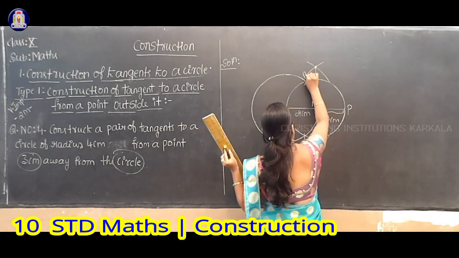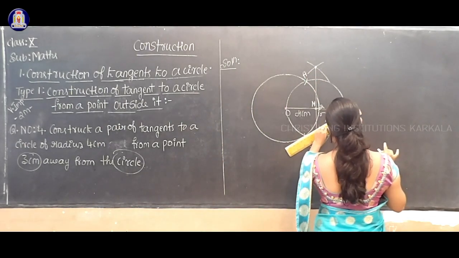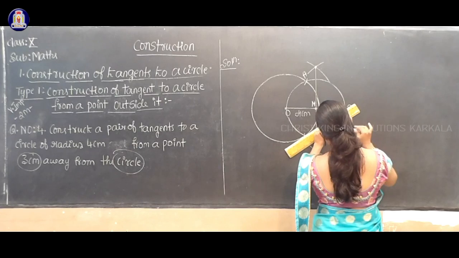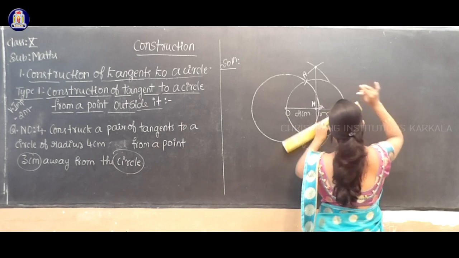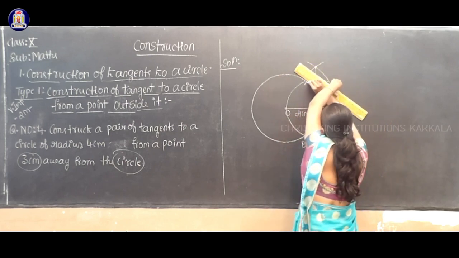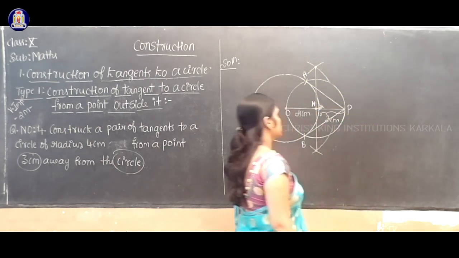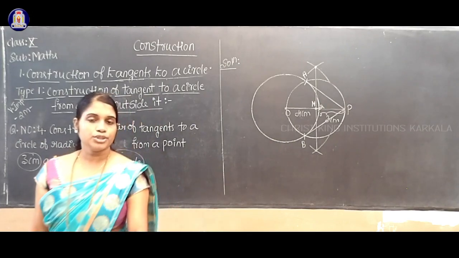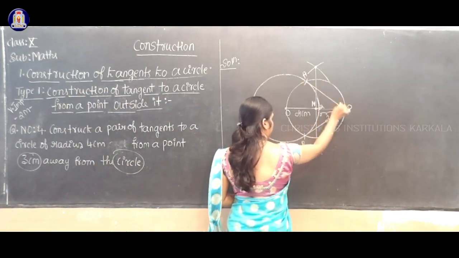Mark this as AB. This is A and this is B. So therefore, which are the 2 required tangents here? PA and PB.